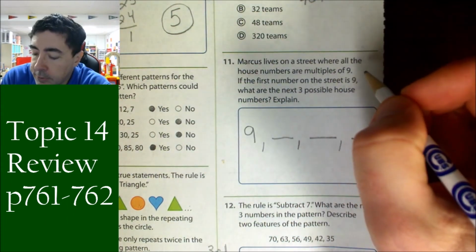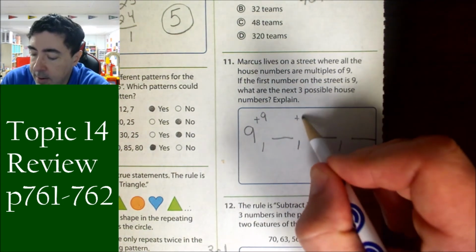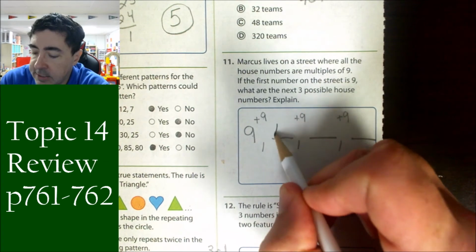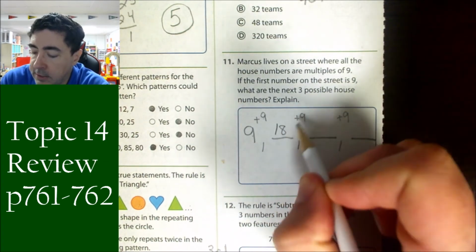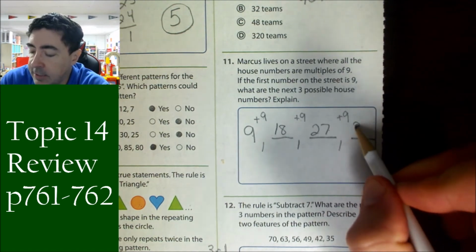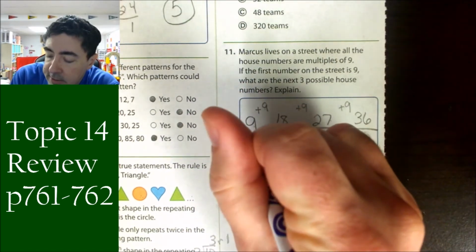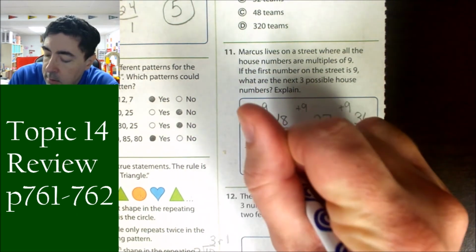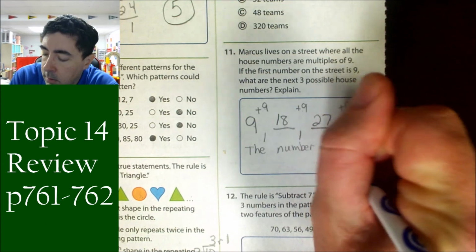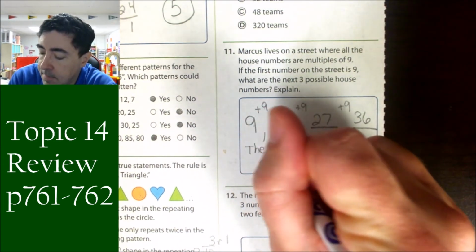Multiples of 9 means we're going to do plus 9 every time. 9 plus 9 is 18. 18 plus 9 is 27. 27 plus 9 is 36. And our explanation is that the number goes up 9 each time.